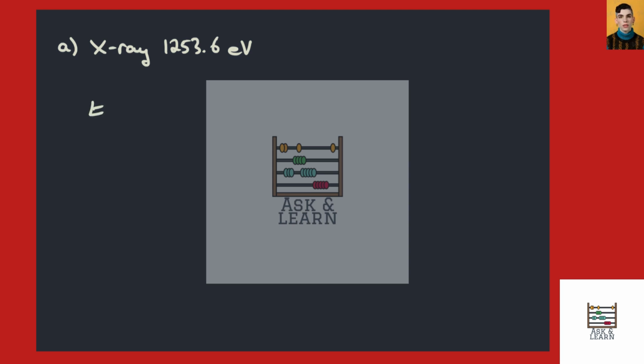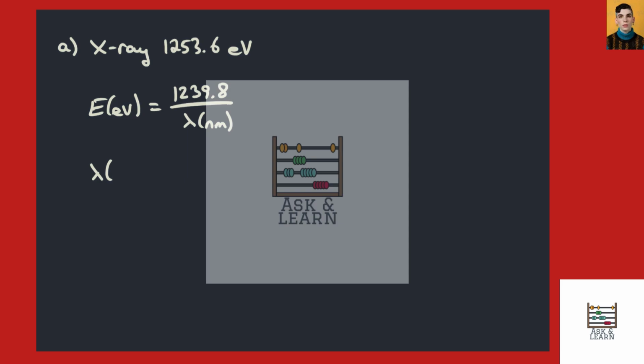So in order to do so, we can use the formula: energy in electron volts is equal to 1239.8 over the wavelength, and this will be in nanometers.